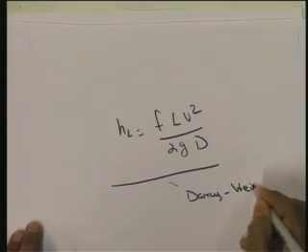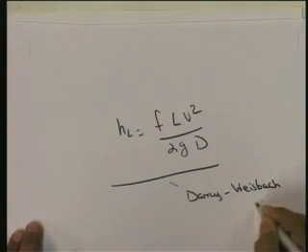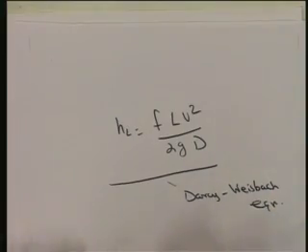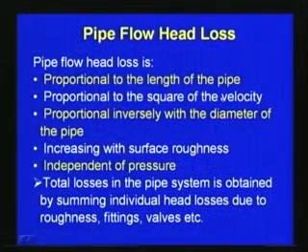With respect to this, we can see that the pipe flow head loss is proportional to the length of the pipe, proportional to the square of the velocity, and inversely proportional to the diameter of the pipe.